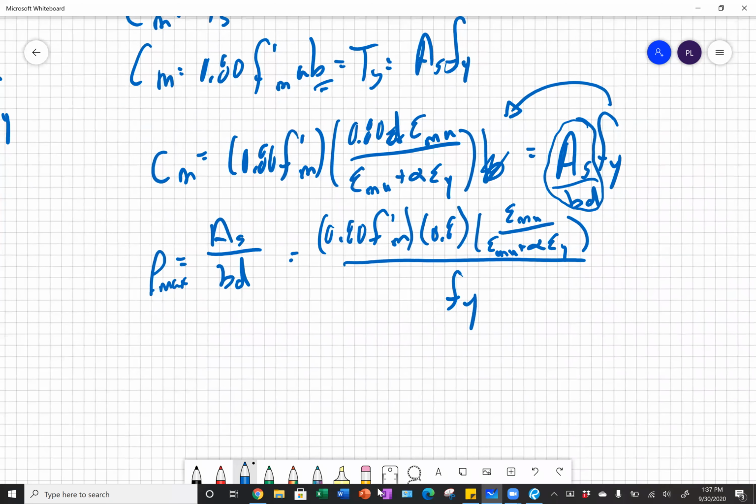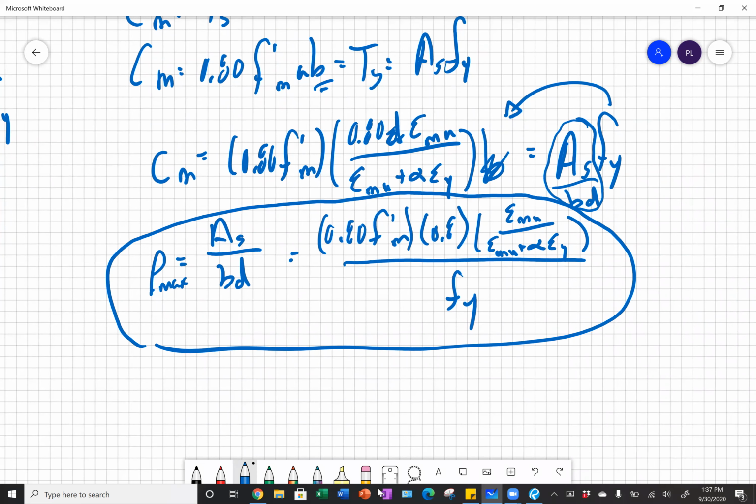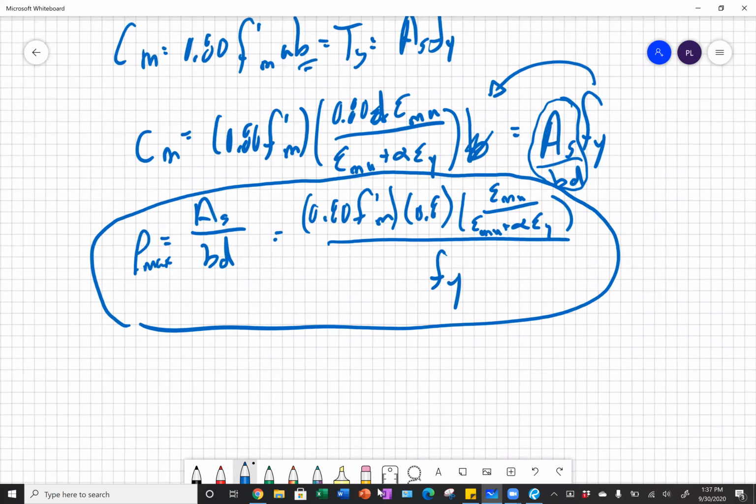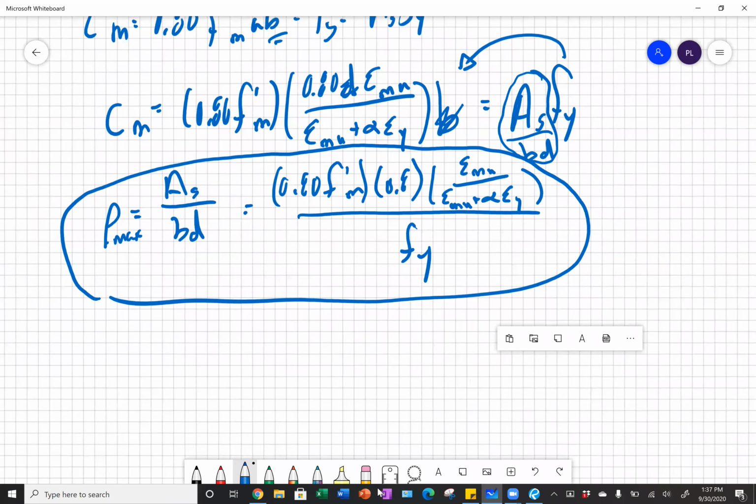And we can see that this is exactly the equation that we get from the TMS 402 document for our rho max of a beam.